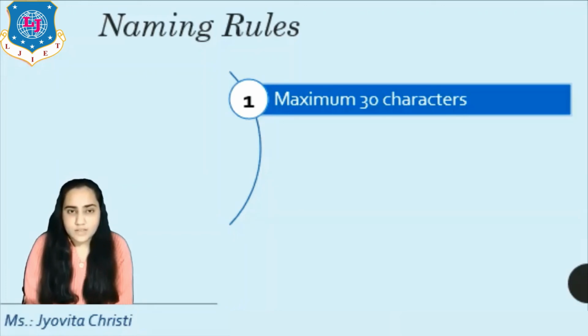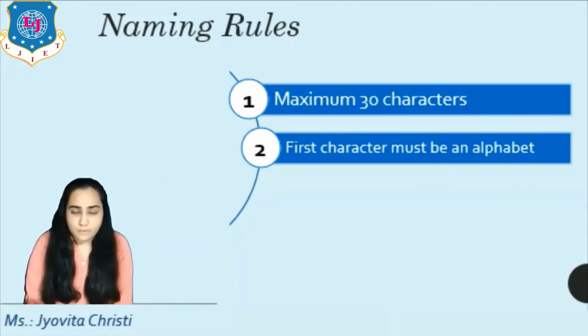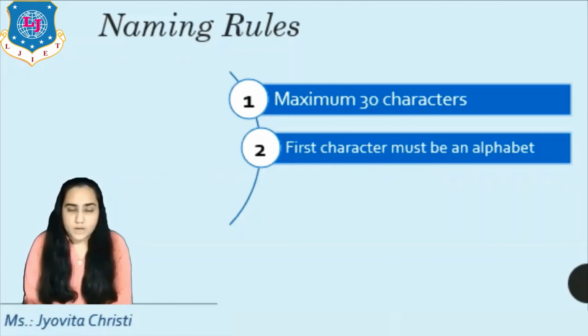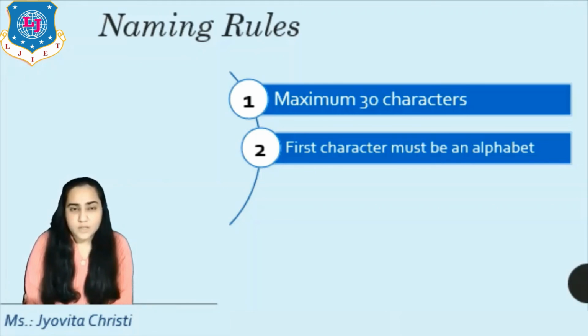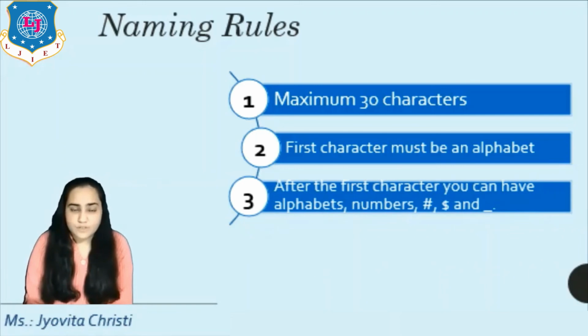And the second condition is that the first character of every identifier must be a character, must be an alphabet, either a lowercase alphabet or an uppercase alphabet. And after the first character, the second character onwards, whatever else you put after the first character, doesn't have to be necessarily an alphabet.